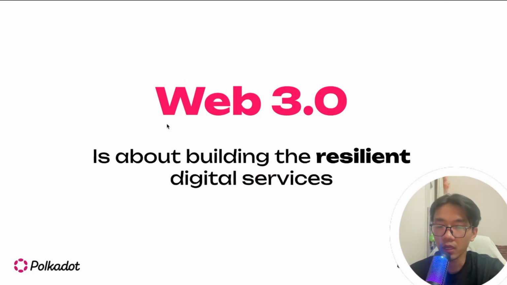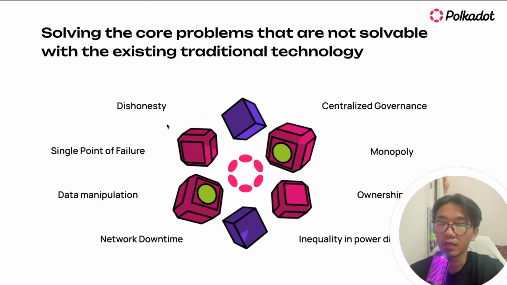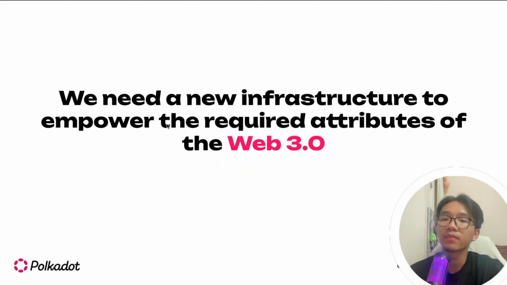Web 3.0 aims to deliver a solution for building resilient digital services, and it solves core problems that are not solvable with existing traditional technology. It gets rid of dishonesty, single points of failure, data manipulation, network downtime, centralized governance, monopoly, ownership disputes, and the inequality in power distribution that traditional technology currently has.